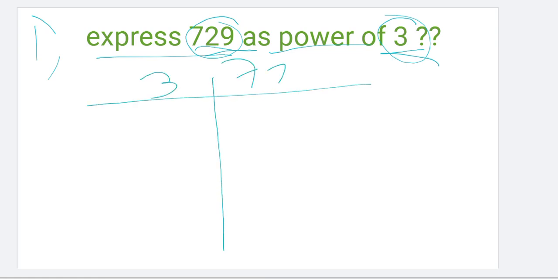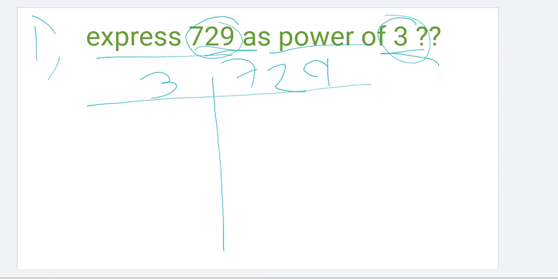But if it defines what power you have to express the number in, then you have to factorize that particular number with that power itself. So over here in this situation, what we're going to do is factorize 729 by 3.